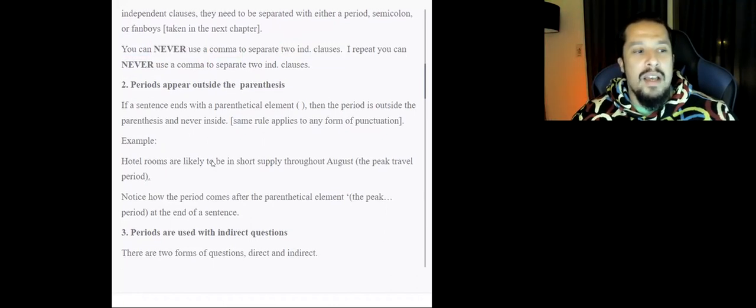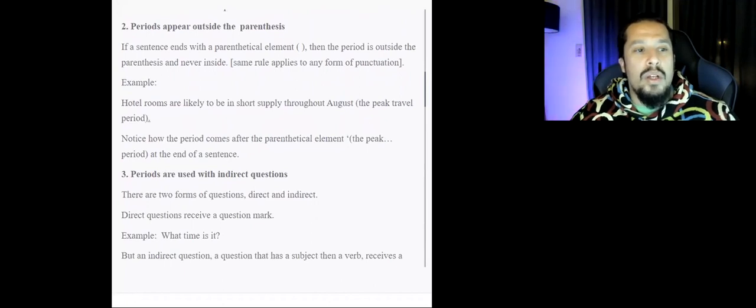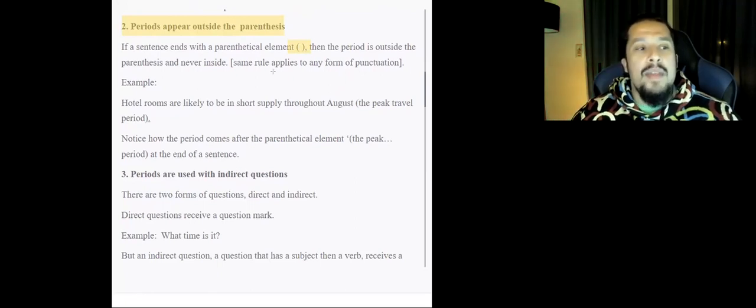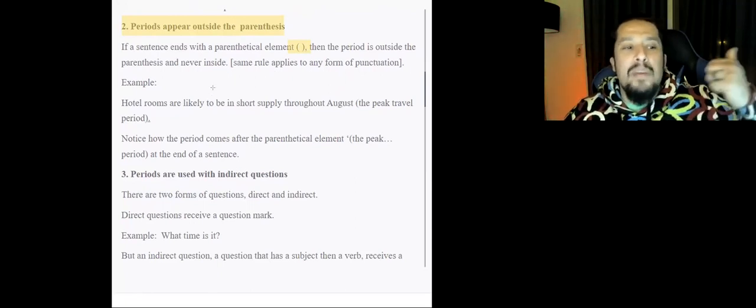Let's continue. Rule number 2: periods appear outside parentheses. So a parenthetical element, then the period. The period comes outside the parentheses.